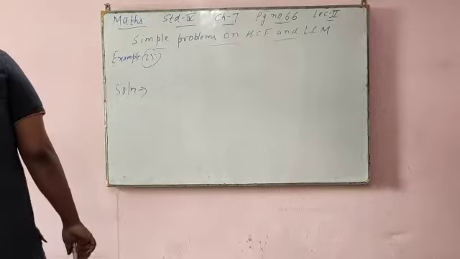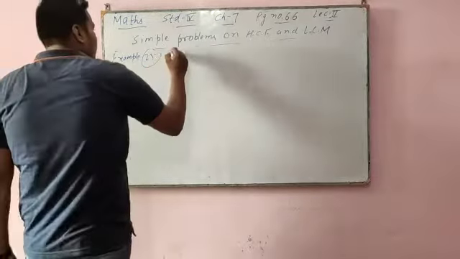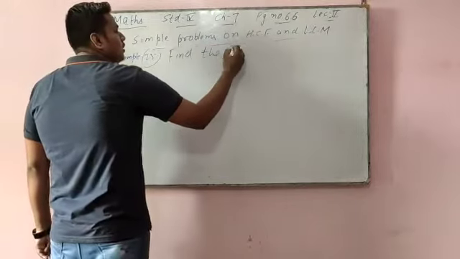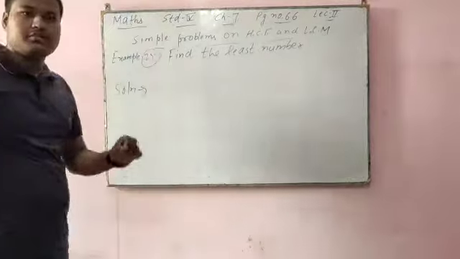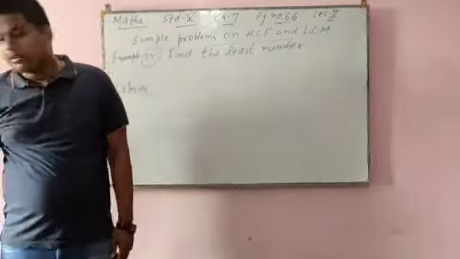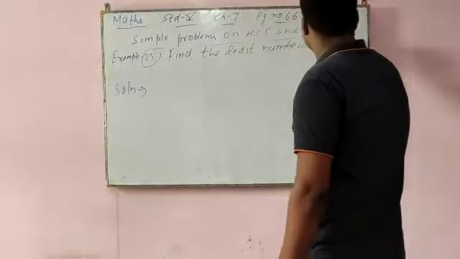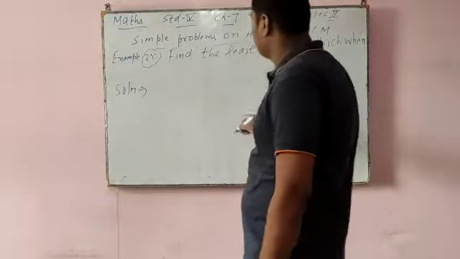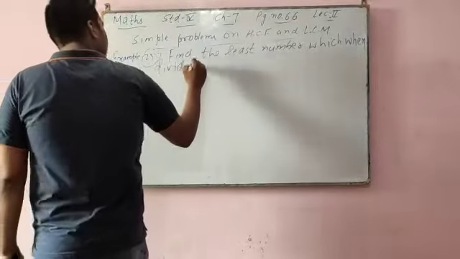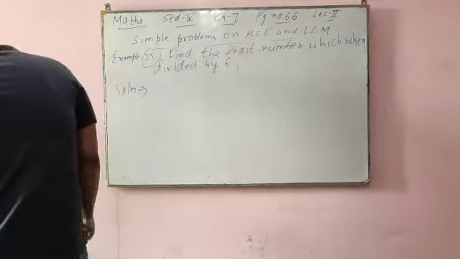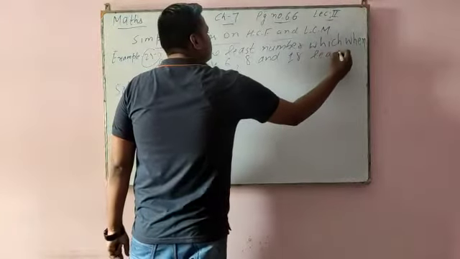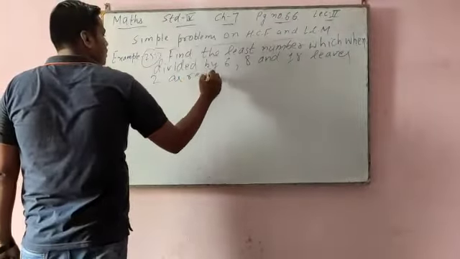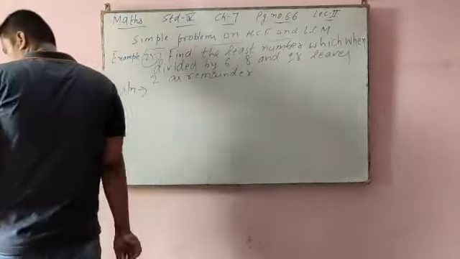Find the least number which when divided by 6, 8 and 18 leaves 2 as remainder. Find the least number, okay, find the least means you have to find LCM.